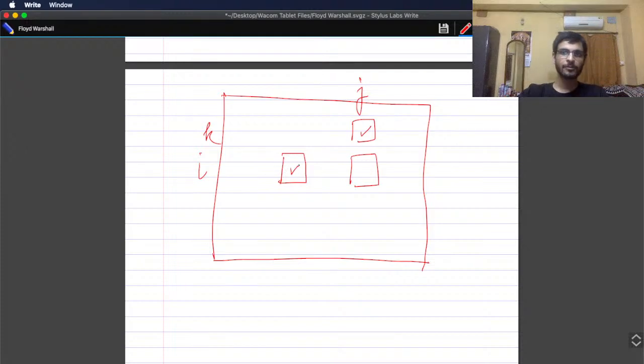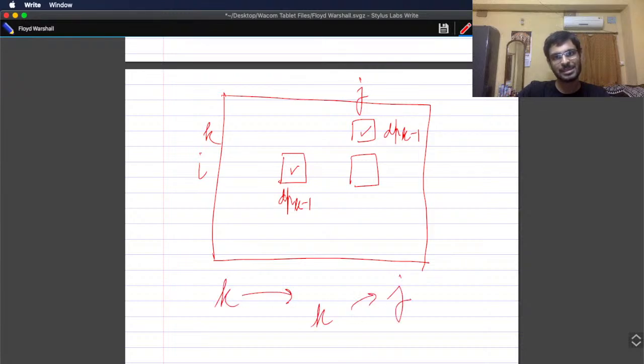So when I'm referring to these values, what do I want? I want them to be of dp k minus 1, but in turn they are of the recent dp. It might happen that they have been overwritten. I've got the new value. Think about the possibility. Is it possible that from k to j when you're going, k lies in between? Is that possible?